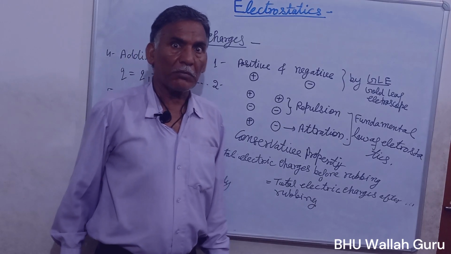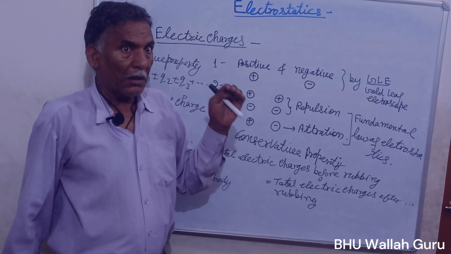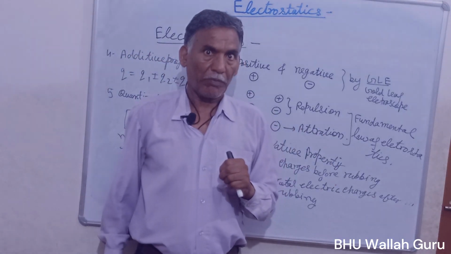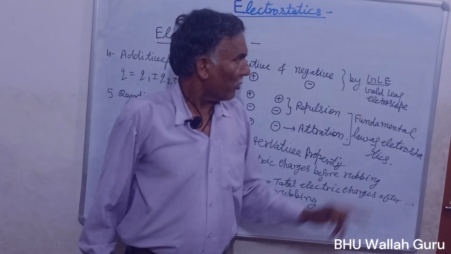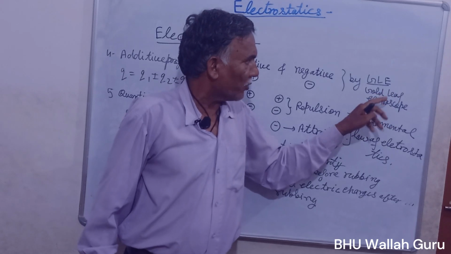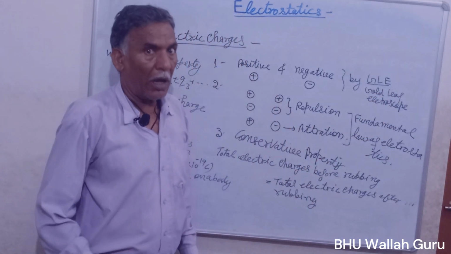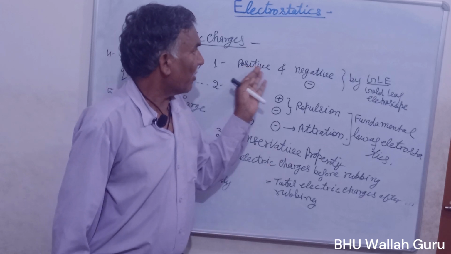We know that after rubbing, the glass rod acquires charge. With the help of the GLE, the gold leaf electroscope, we can detect as well as find out the nature of the charge.